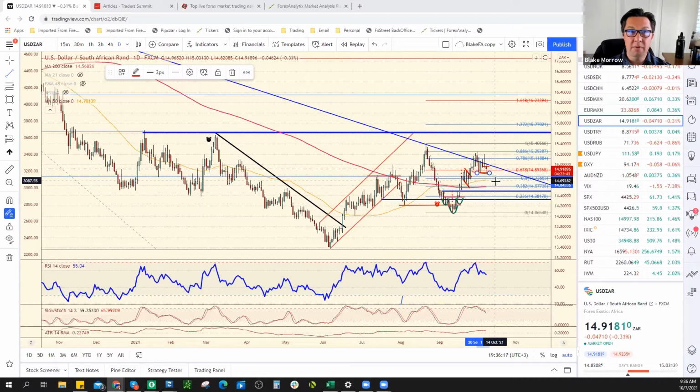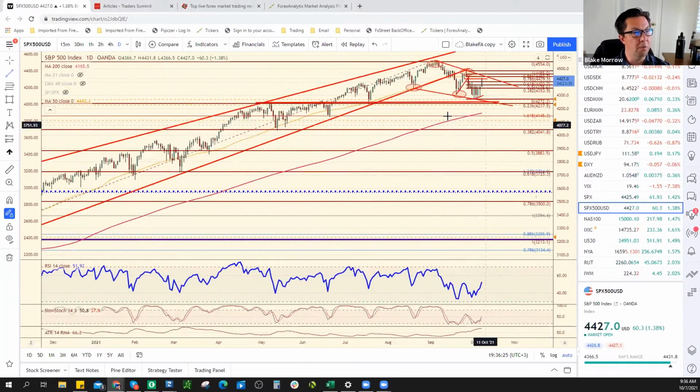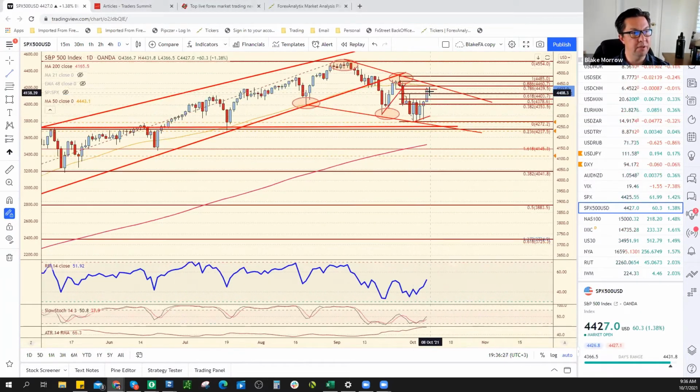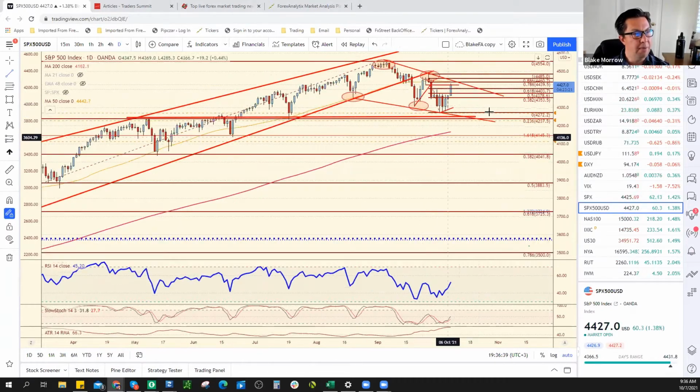One of the things I have to point out is we've had a big bounce in equities. The rand hasn't gone anywhere. It really hasn't. Over the course of the last couple of days, we bounced, and we're a little higher than I thought we were going to reach. I thought we'd be capped at this 44.22. We've been as high as 44.31. I think we're starting to ease off a little bit now, and maybe we are in a descending wedge forming potentially.